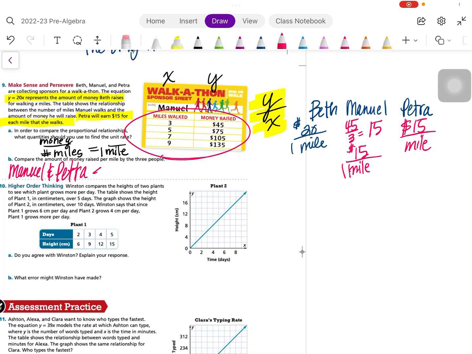Okay, but Beth is raising the most. Manuel and Petra are raising the same amount of money, but Beth is raising the most money.